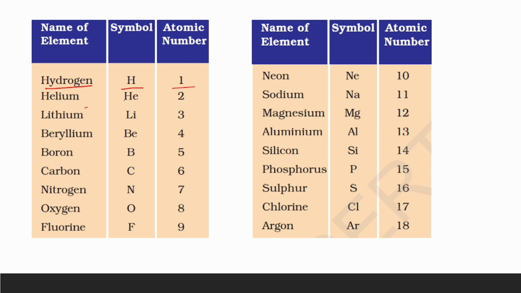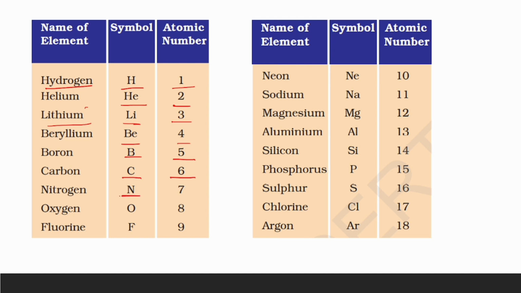Next, helium, represented by He, atomic number 2. Lithium is the third element, Li is the representation, atomic number 3. Beryllium, Be, atomic number 4. Boron, B is the symbol, and atomic number is 5. Carbon, C, atomic number is 6.